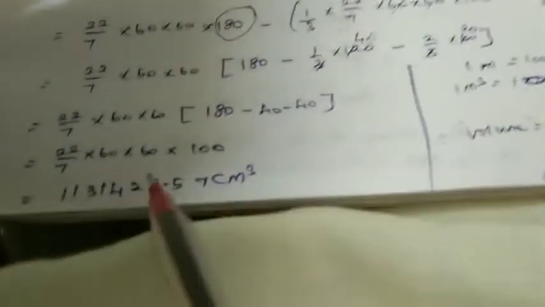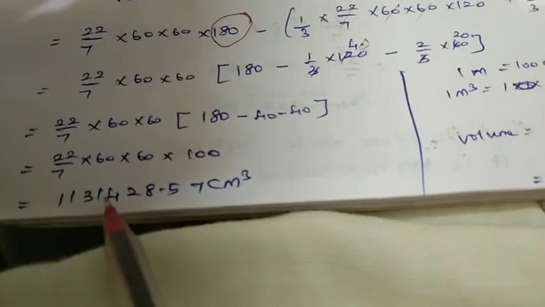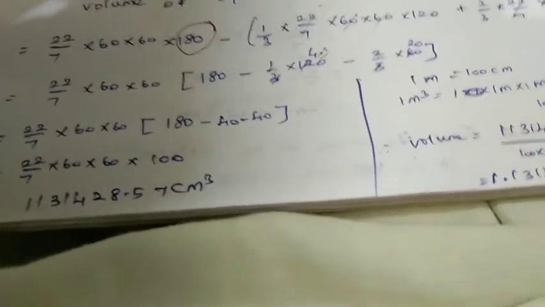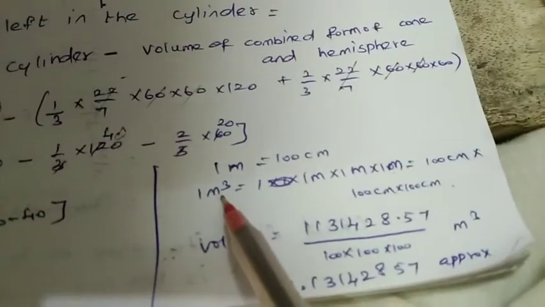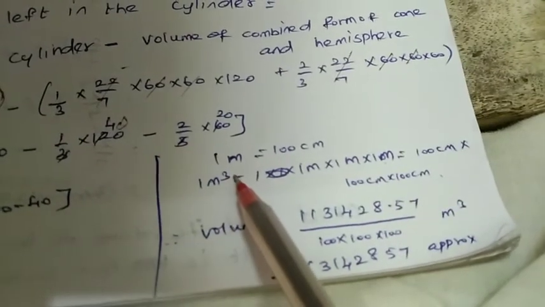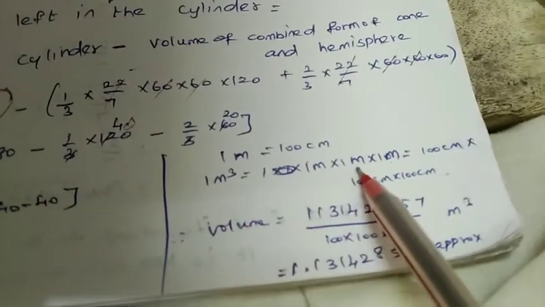Next, the answer is given in centimeters. Now we have this much centimeter, 7 digits, and we can convert it into meter. Already we know that 1 meter is 100 centimeter. So 1 meter cube means 1 meter into 1 meter into 1 meter.